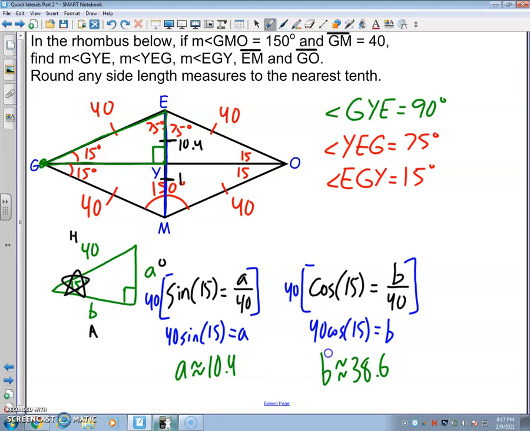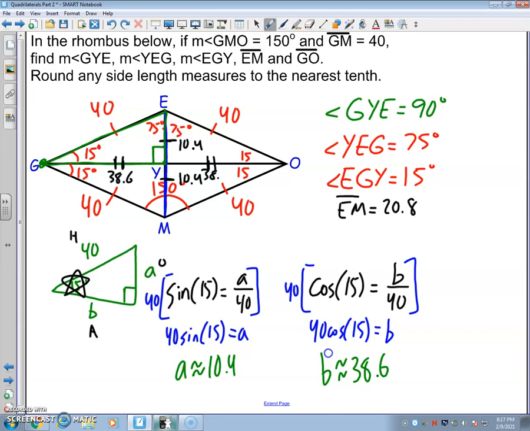All right, so I know this top piece is 10.4. That means the bottom piece is also 10.4. Add it together, 10.4 plus 10.4 is 20.8. So E to M is going to be 20.8 units, whatever that is. And the other one, we know that this and this are the same. They're both 38.6.